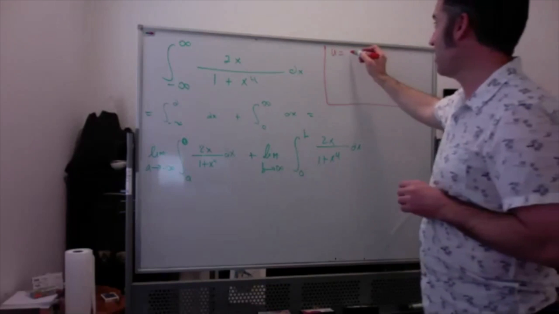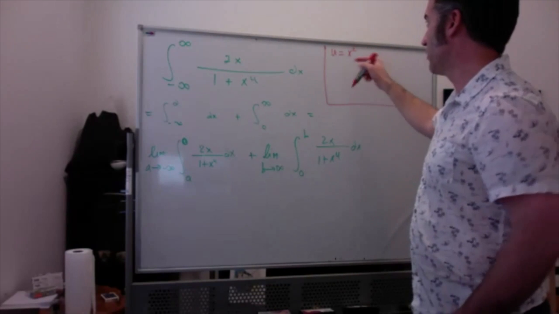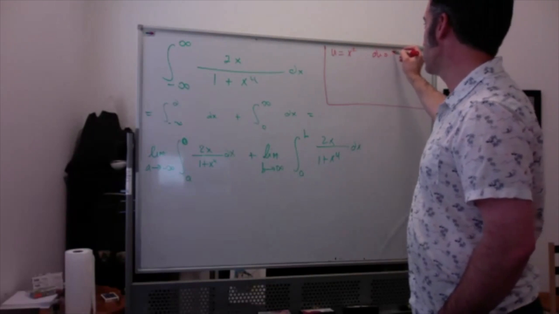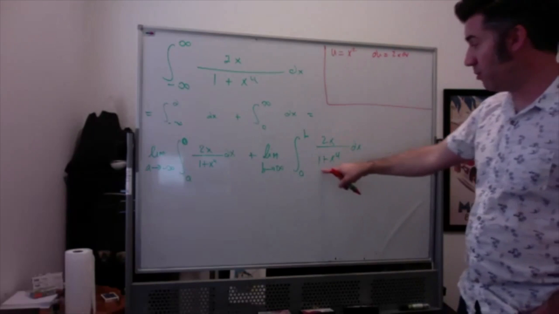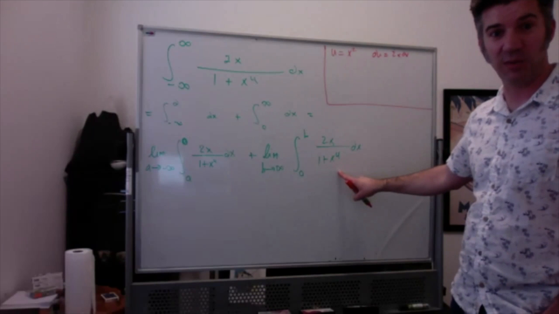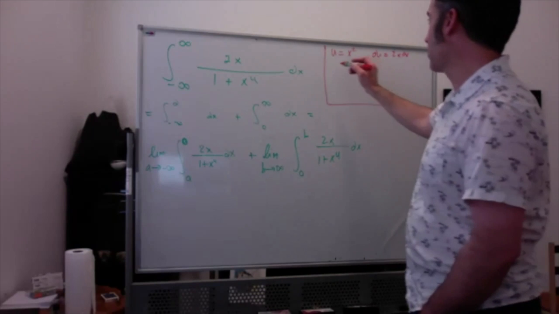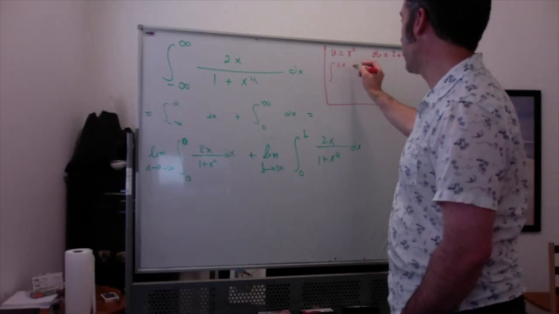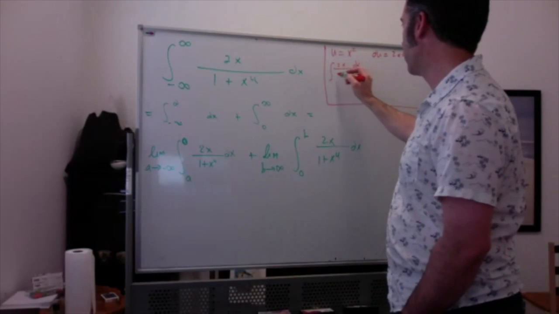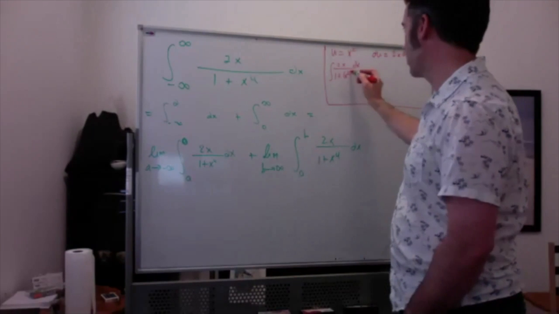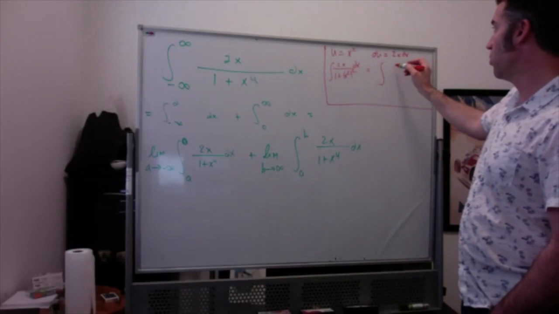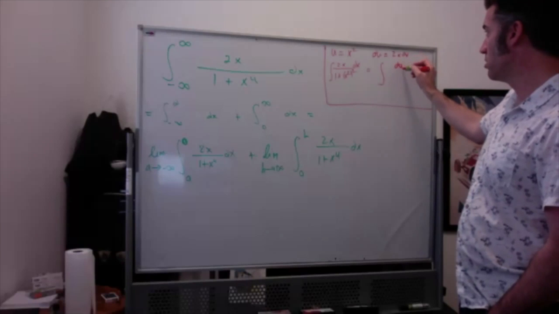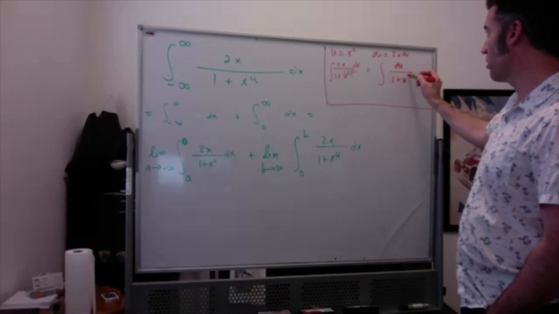X squared is exactly what I want. So if u is x squared, du is 2x dx, which I've totally got. And then the 1 plus x to the fourth becomes 1 plus x squared squared. So my integral of 2x dx over 1 plus x squared squared becomes the integral of 1 du over 1 plus u squared.